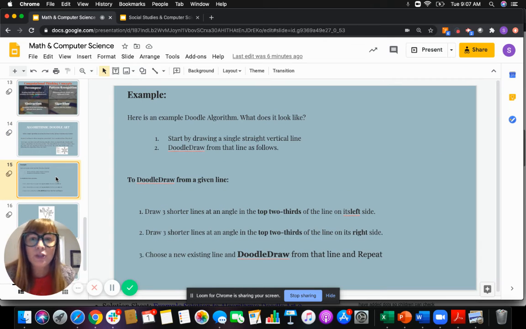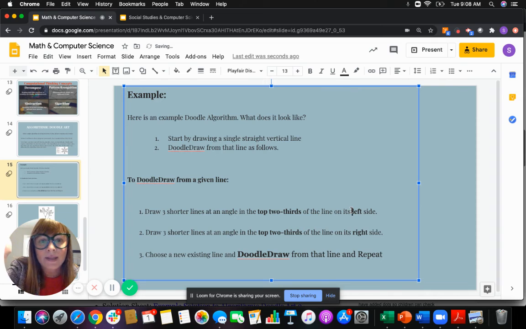What we want to do is you start telling students to draw a single straight line, and then you give them the option to draw 3 shorter lines at an angle in the top 2/3 of the line on the left side. So what that means is they must understand their left and their right. And we want them to figure out how to move to that left side and do the top 2/3.